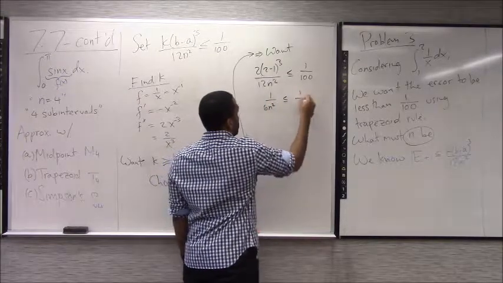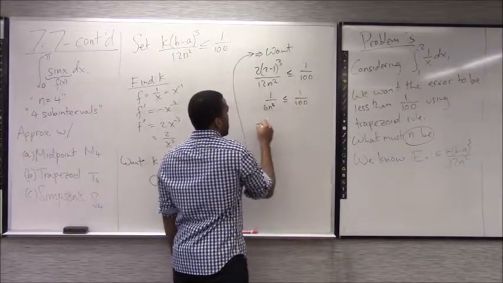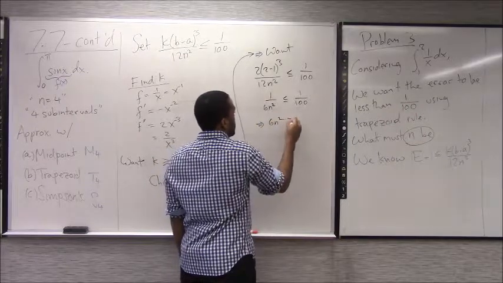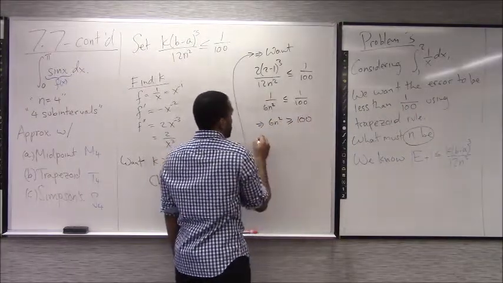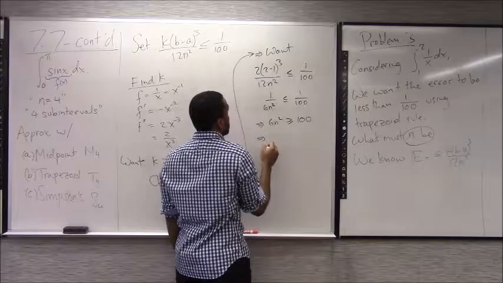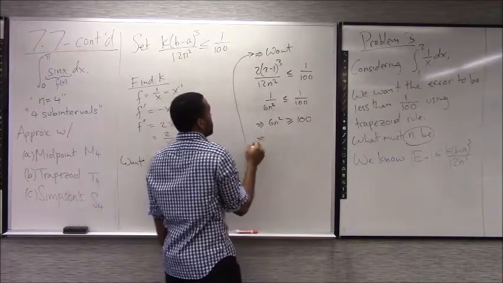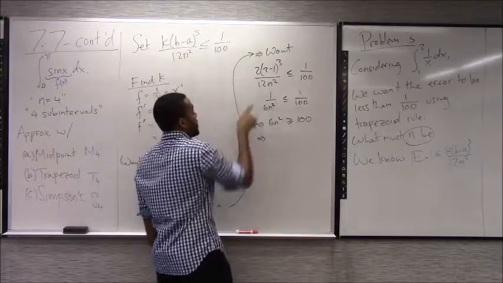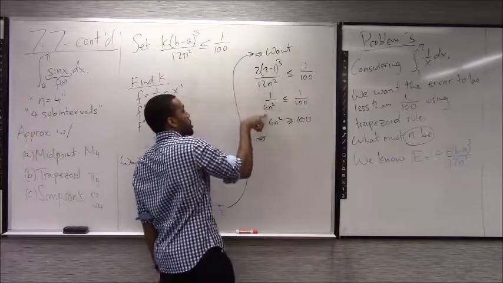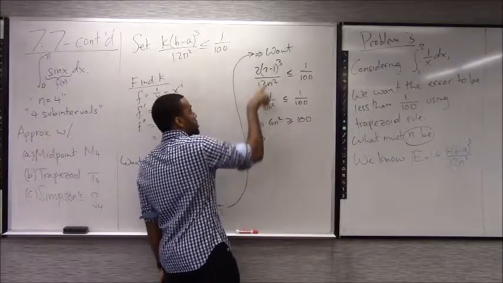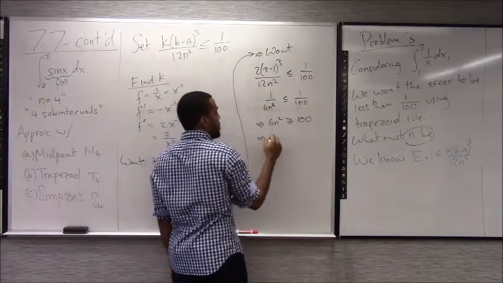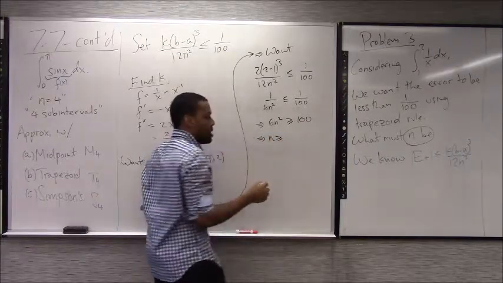I want that to be less than 1/100. This is the same as saying 6n squared is greater than or equal to 100. The 2 on top, 2 minus 1 is 1, I canceled, 2 into 12 goes 6, and that's 1.